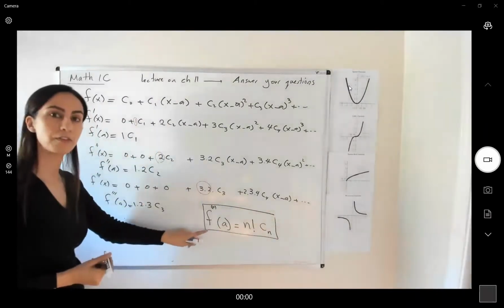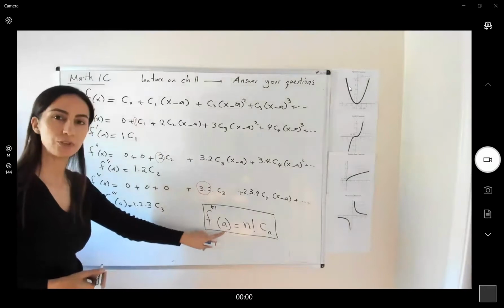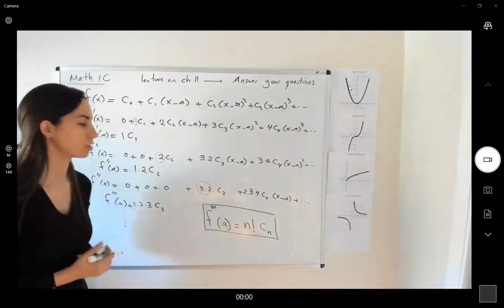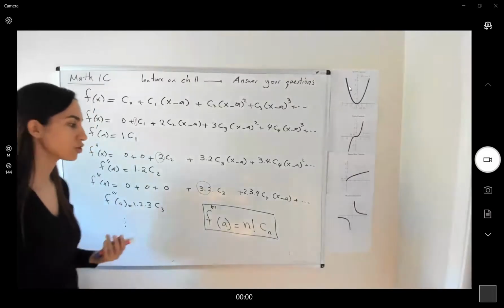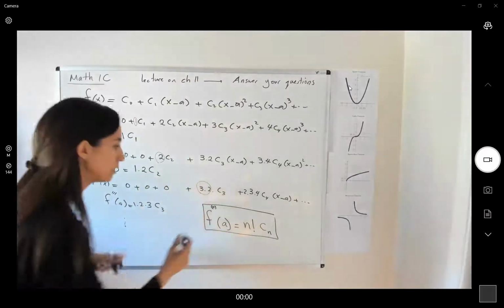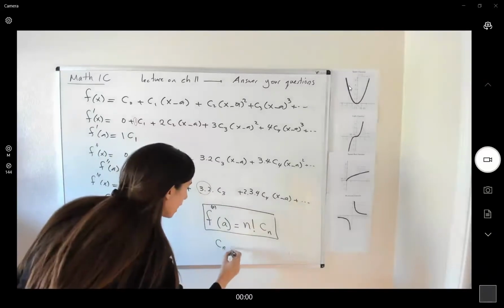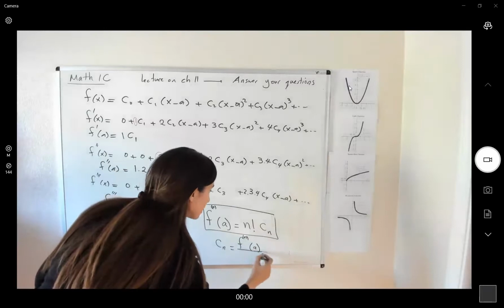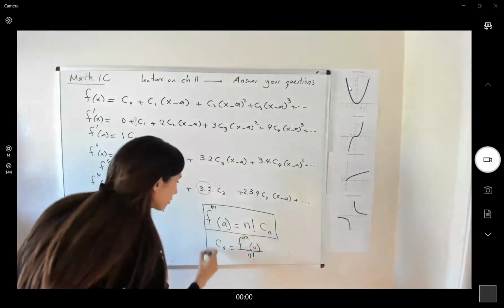The nth derivative of the function evaluated at the center a is n factorial times c sub n. So if a question says find c sub n, we can write c sub n as the nth derivative of the function evaluated at a divided by n factorial.